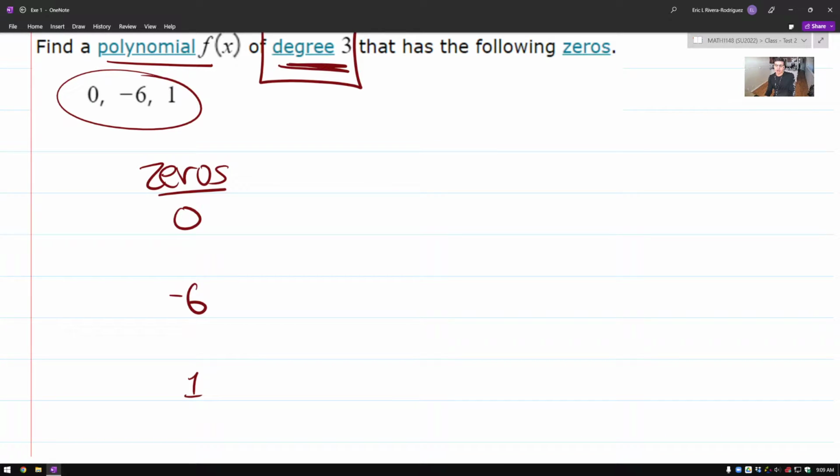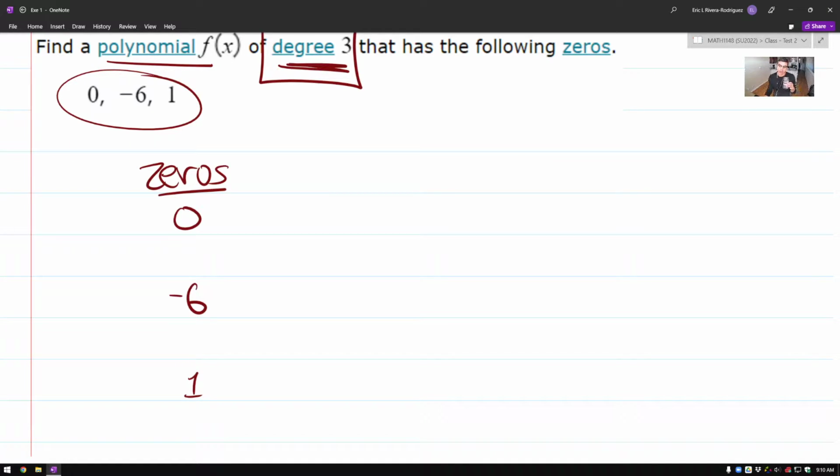What is the relationship between the zeros of a polynomial function and its factors? Can anyone tell me the relation between the zeros of a polynomial function and the factors of the polynomial function?